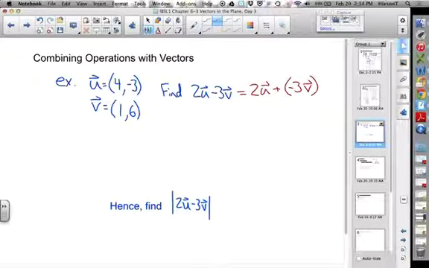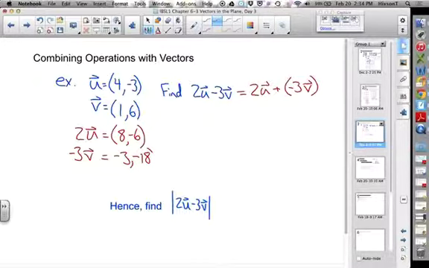Coming over here, what would 2u equal? 8, negative 6. A minus 3 times v would equal what? Negative 3, negative 18.